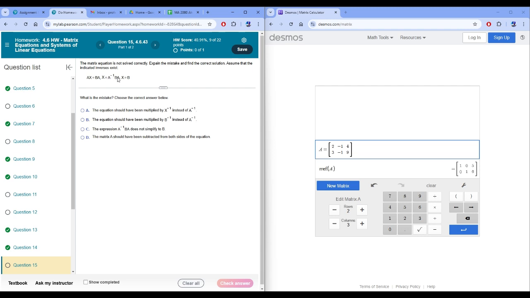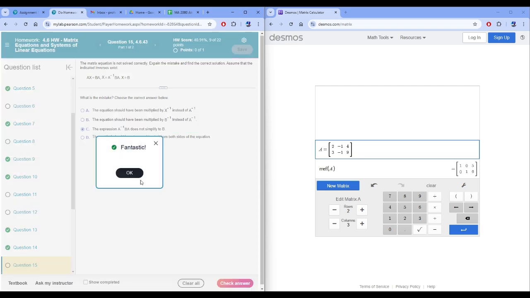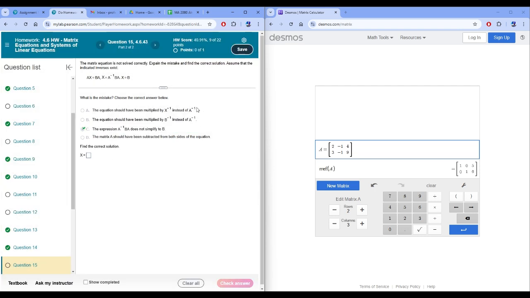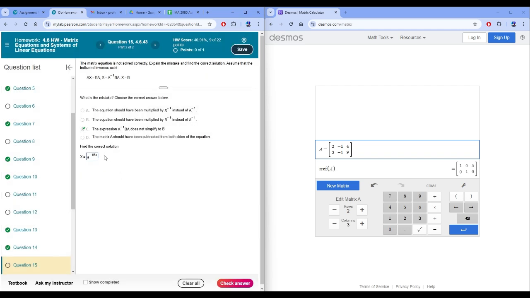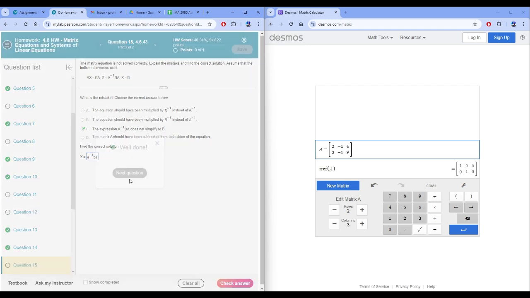That looks good. But the a inverse in a does not simplify. It's this one. Cool. Find the correct solution. I mean, yeah, it's a to the negative 1 ba. Like, it literally is that, right? A to the negative 1 ba. Oh no, I messed it up. ba, like that. Yep.